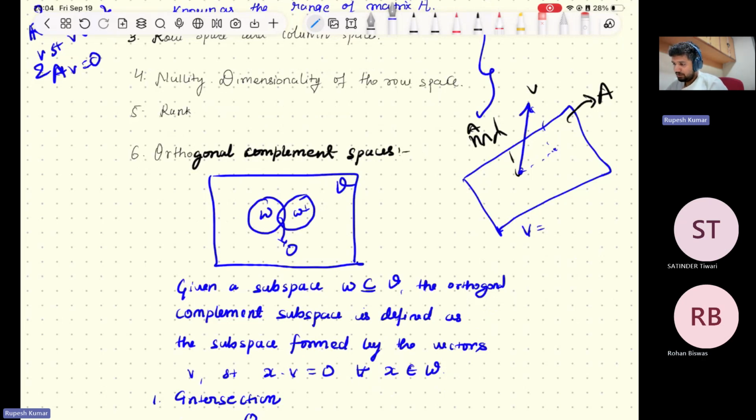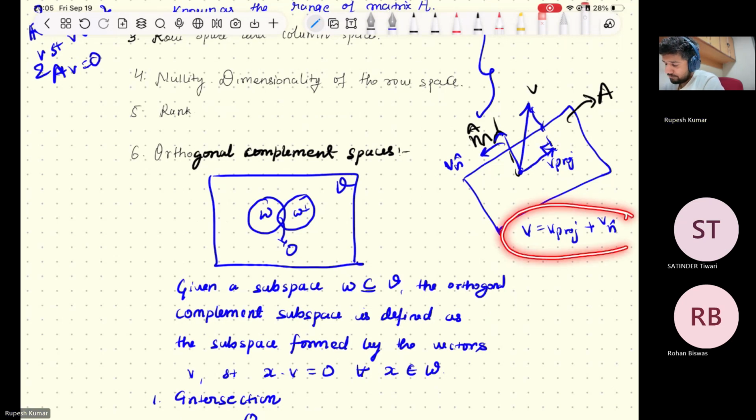We can say that V equals, let's call this vector V proj, the projected V, which is basically the orthogonal projection of V on the space A. Then V equals V proj plus, let's take this vector V n cap, basically its complement component along the n cap direction. Do you agree with this, everyone? Yes. Fine. So we were able to write this, right?